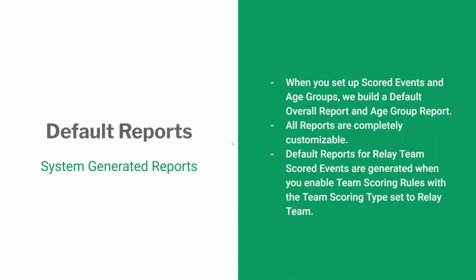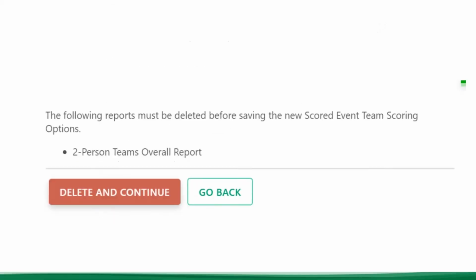So default reports for relay scored events are generated when you enable the team scoring rules for the team scoring type set to relay team. In the previous screen, we saw that when I saved the team type scoring rules, it said, hey, I already have a report for this scored event. It's called two-person teams overall report.